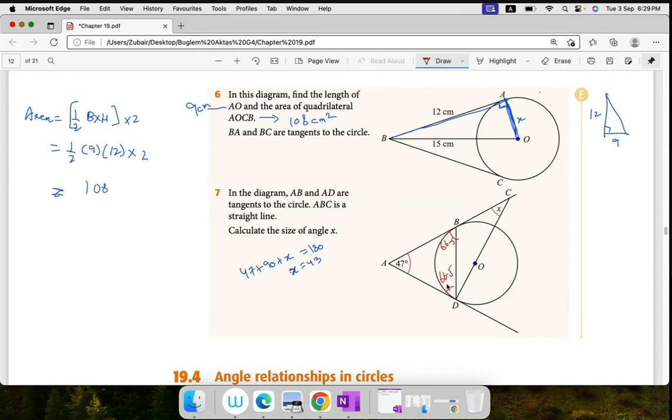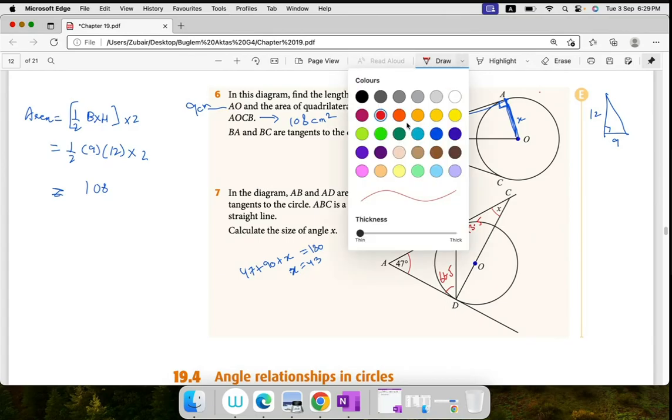But where does that take you? BC and BD are not equal, so BCD is not isosceles. So if I just find this one, this is 180 minus 66.5, and I'm left with 113.5.